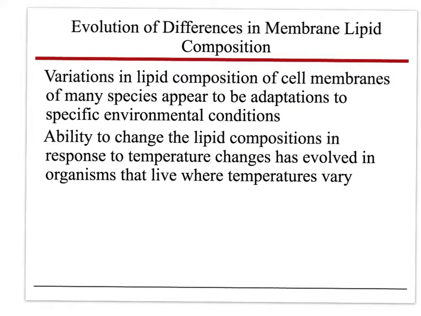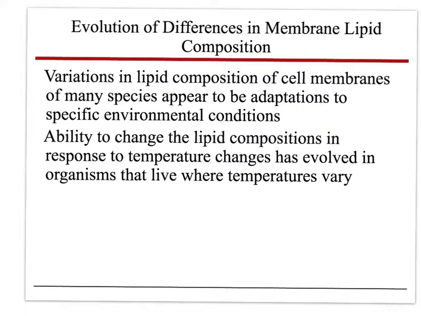Would any species have totally saturated fatty acids? They might. If you find a bacteria that lives in a hot temperature, they might have completely saturated fatty acids because of what they need the membrane to do. So the structure changes based upon the function.